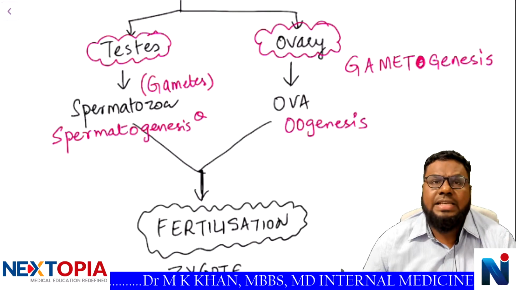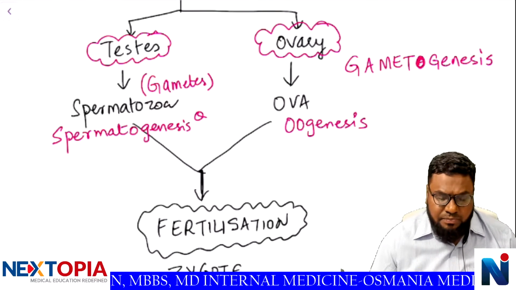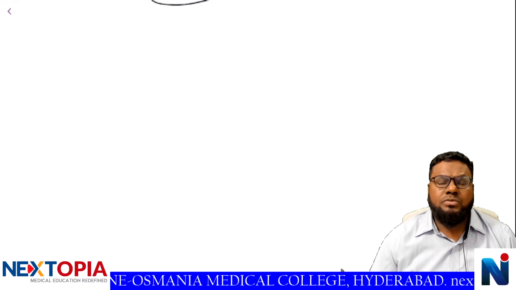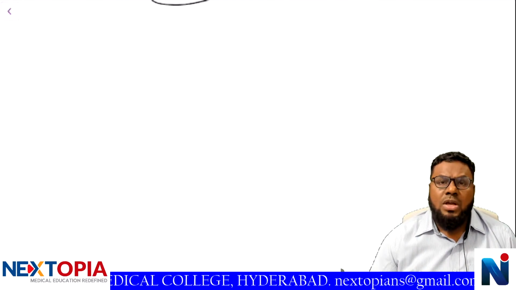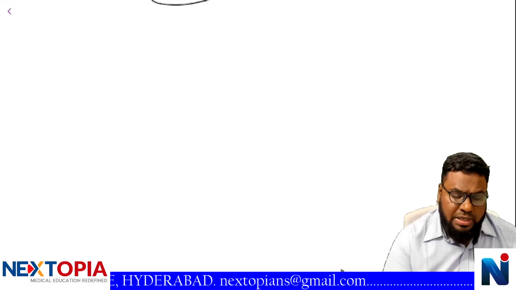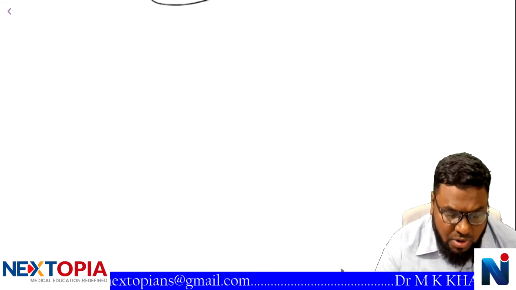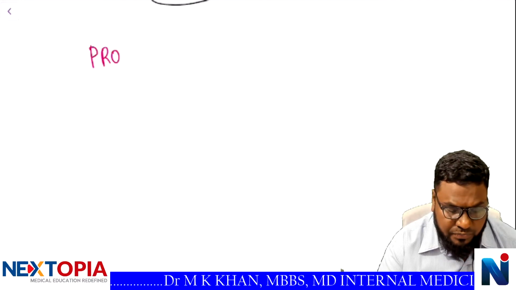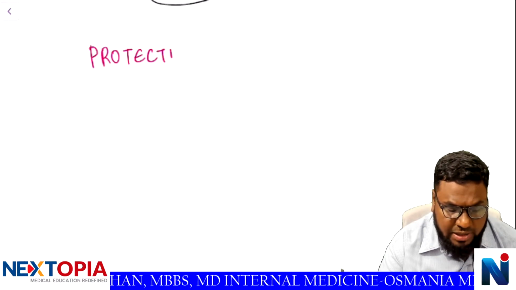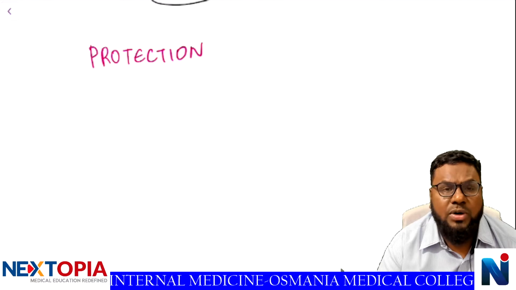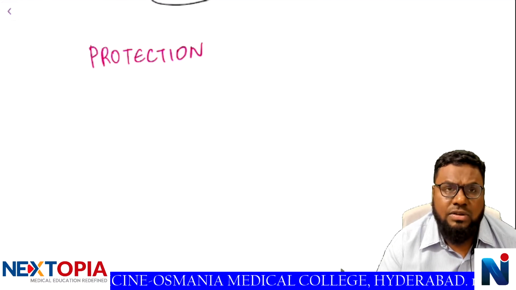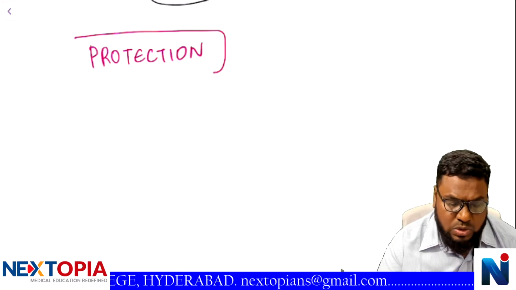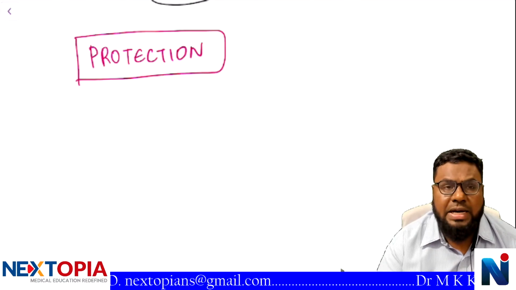So these are the important basic qualities of a living organism. A living organism, apart from growth and development, the most important property, the first one, is protection. That is, the human being should be able to protect himself or herself from harsh weather, from various other issues, and then propagate the life.